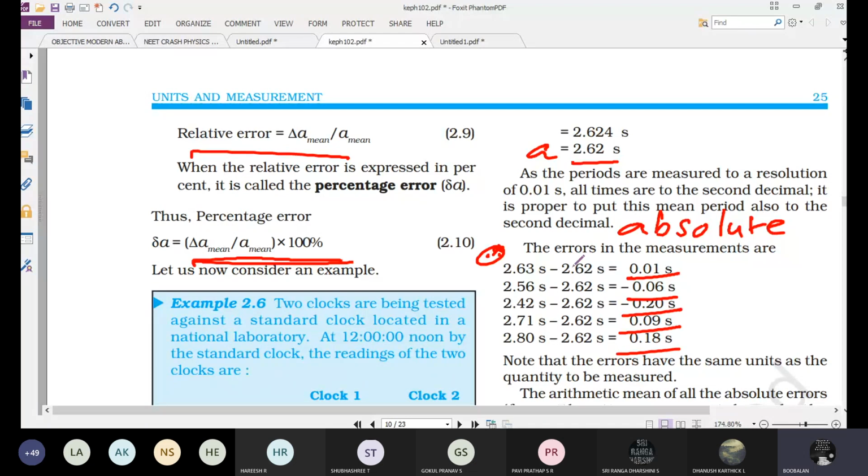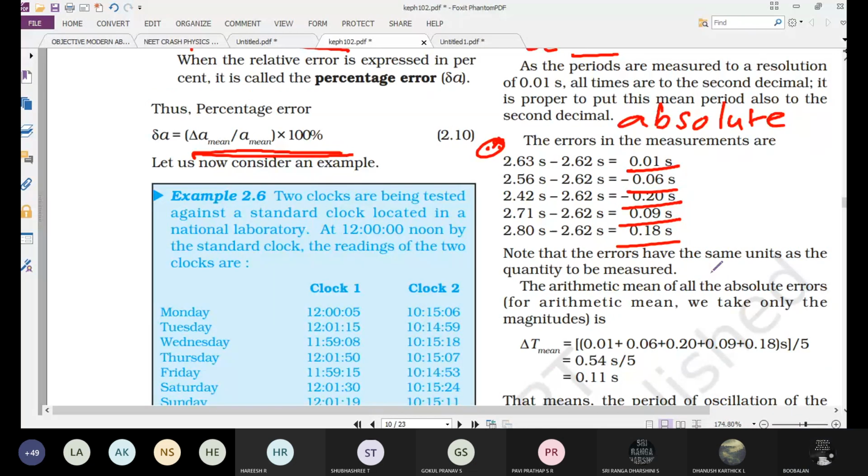Next, finding the mean absolute error. What is the formula? Modulus of del A1 plus modulus of del A2 up to del N, divided by N. Modulus of del A1 is 0.01.